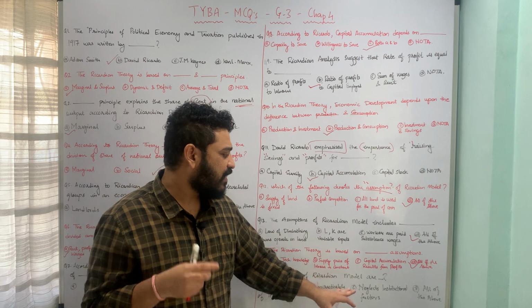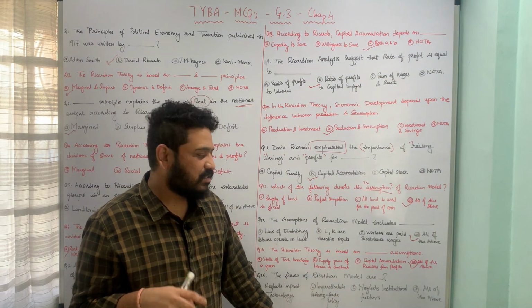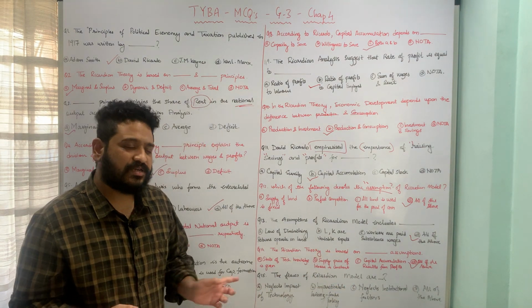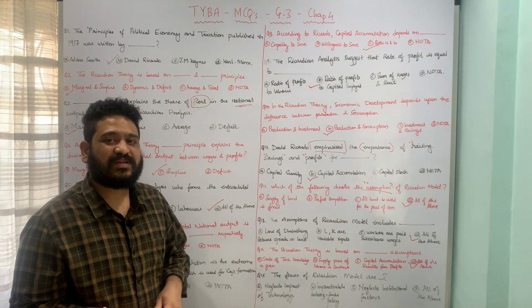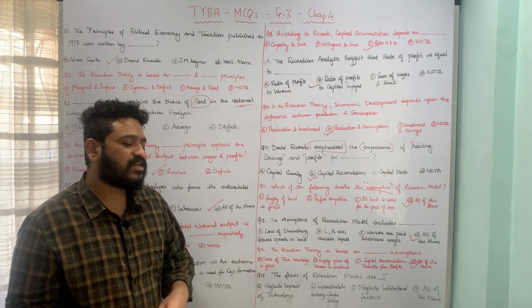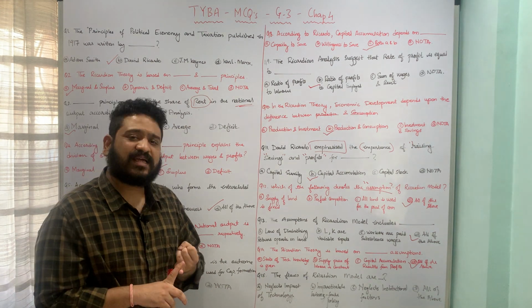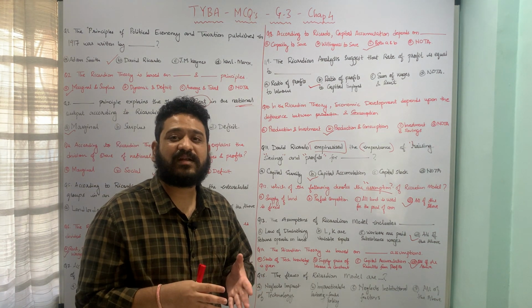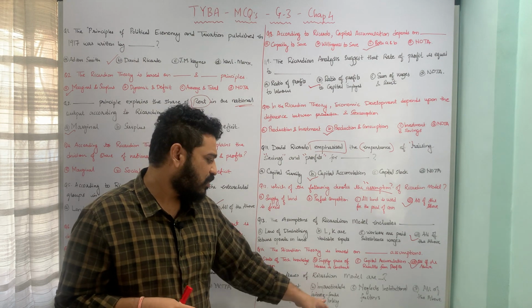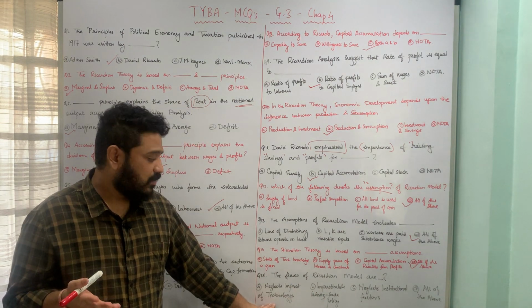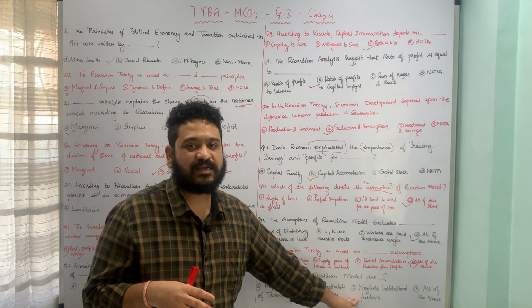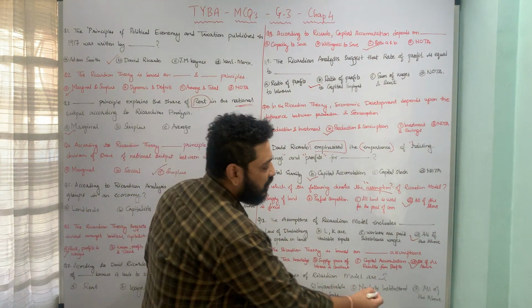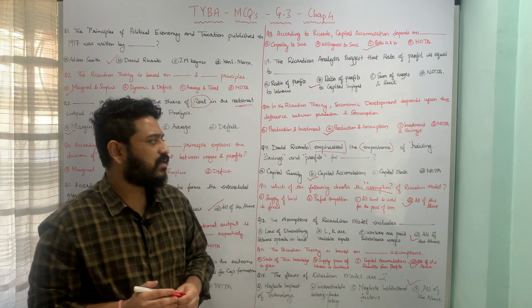Then third is neglects institutional factors, and last is all of the above. So here when we look at the criticisms or limitations or weaknesses of the Ricardian model, all these 3 points relate to the same. That means impractical laissez-faire or least government intervention sort of policy, then neglect of the impact of technology as well as neglecting institutional factors, and therefore option D, all of the above, is the correct answer to this particular question.